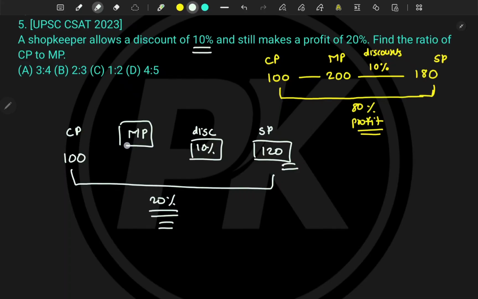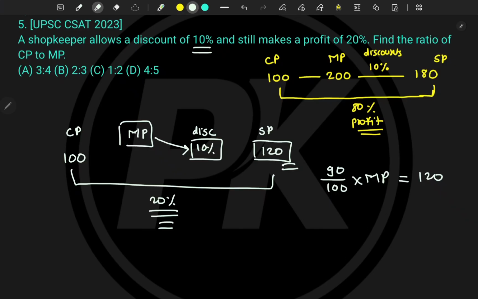Now on the marked price he has given a discount of 10 percentage, right? On the marked price, when 10 percentage discount was given, this was the selling price. Now how did you calculate it? 10 percentage discount means 90 percentage of the marked price, right? So 90 percentage of the marked price will become your selling price, which is 120.